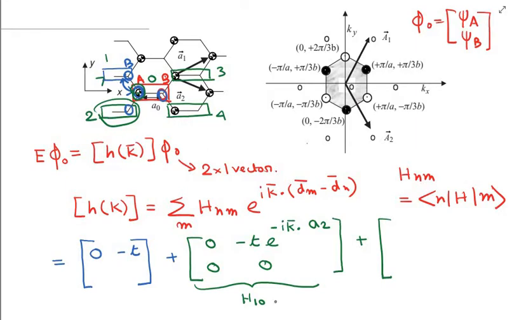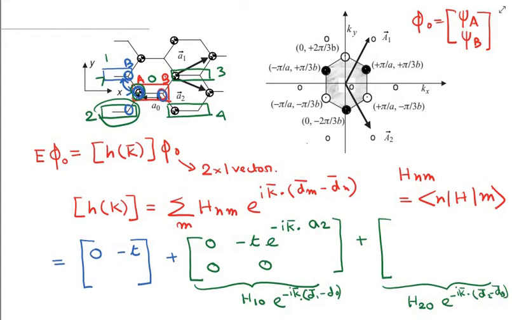Actually this one is H10 e to the power minus ik dot d1 minus d0, and again for this one, what I am writing is H20 e to the power minus ik dot d2 minus d0.